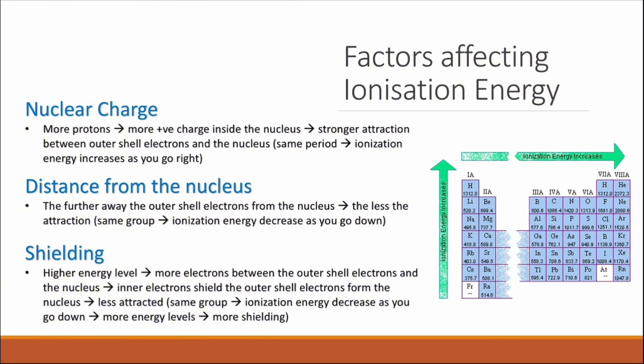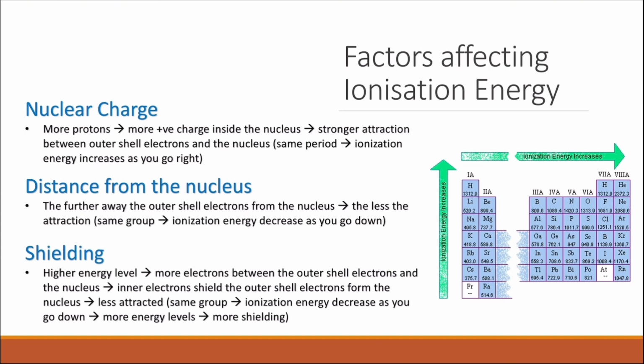Now, the different factors affecting the ionization energy, because they may ask you about the trend in the ionization energy, why it increases or decreases across a period or along a group. There are three factors that affect the ionization energy: the nuclear charge, distance from nucleus, and shielding. Nuclear charge means that the nucleus has more protons.